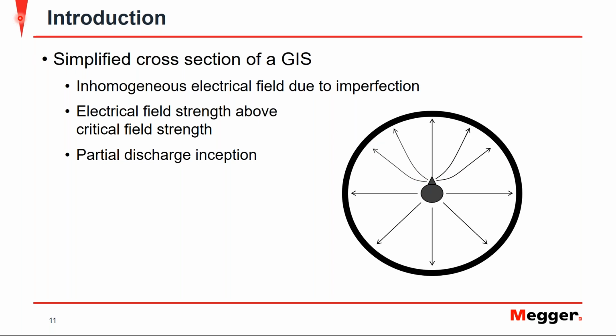That's typically due to the sharp edges in high voltage, which create field enhancements that allow the electrical field to congregate towards that. So that can create a situation in which the field strength is actually above the critical strength. And with this condition, especially with SF6 being an electronegative gas, which we'll discuss a little later, it creates the conditions for partial discharge inception.